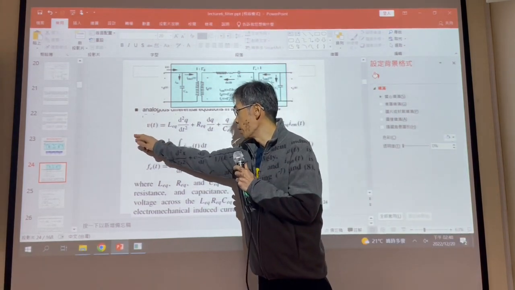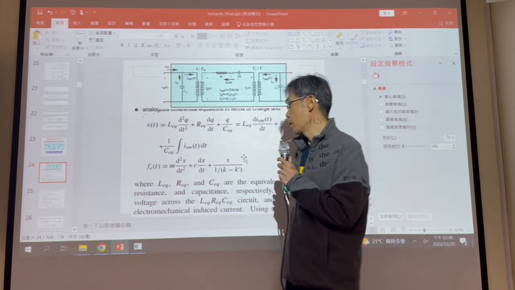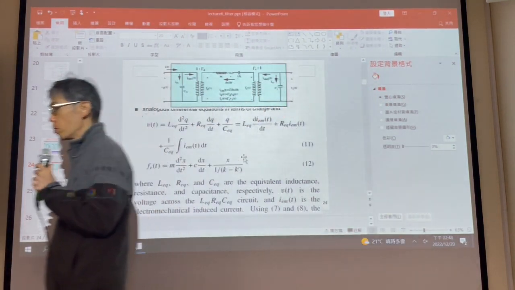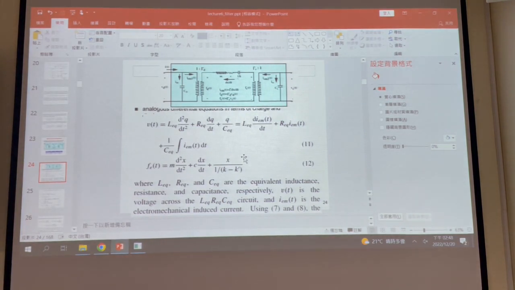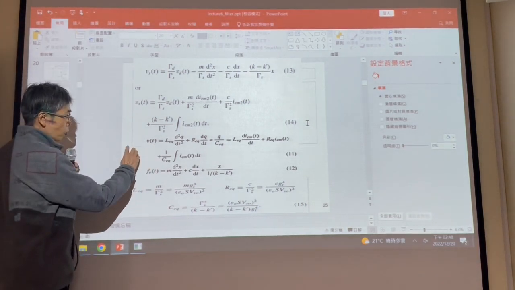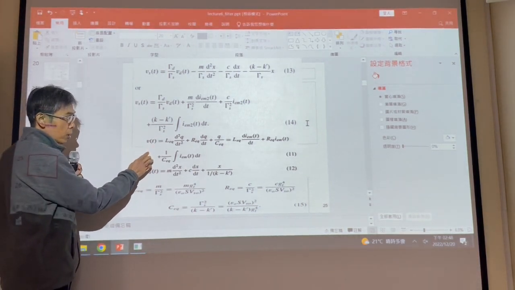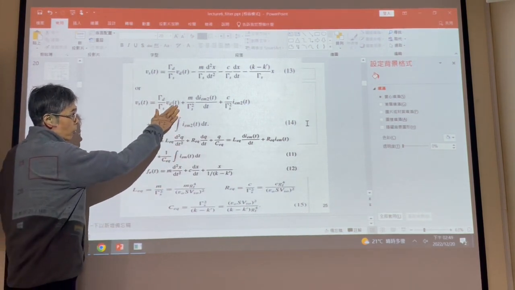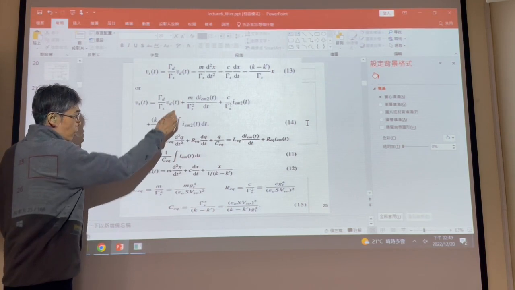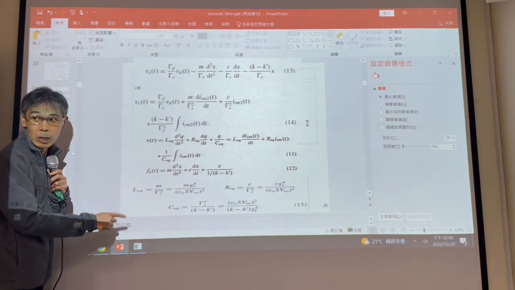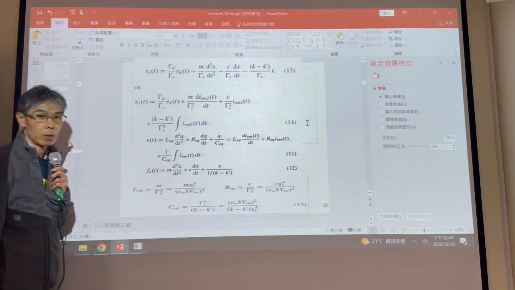VT equal to VD minus VS in this equation. So you need to compare this one with this one. But we have VS, VD here. This V is VD minus VS.